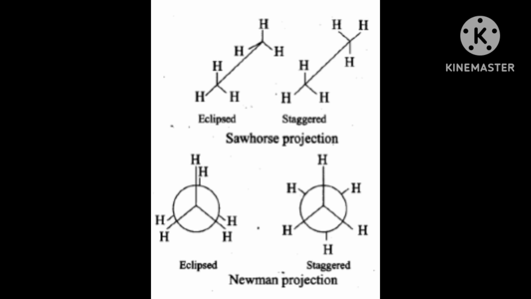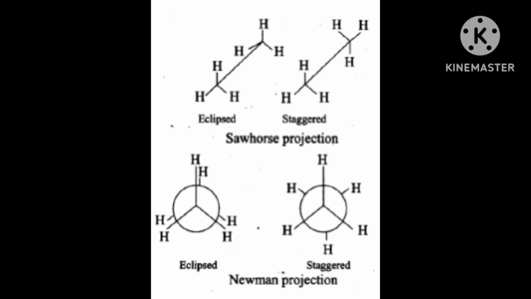And the same things, in both situations, you can also show in the Newman projection. But what is the difference? The difference is that you remove the rod. Suppose there is no rod, that bond is not there, you are not able to see the bond, you are seeing from one side, then you will see that both are very close, both are touching, your feeling will be like that.